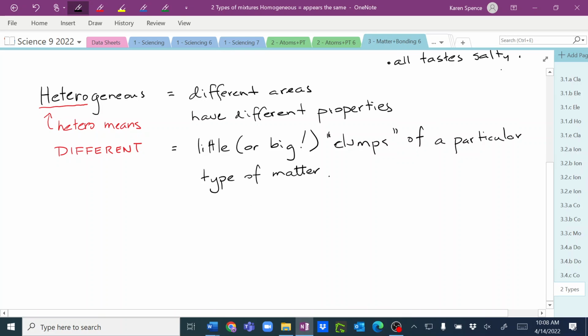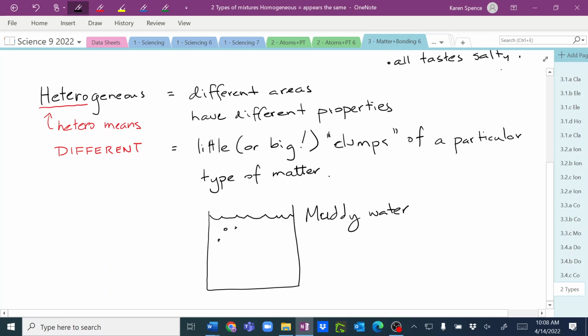So let's say that you had some water and it's muddy water. Have you ever looked at muddy water up close? There's like little clumps of dirt.